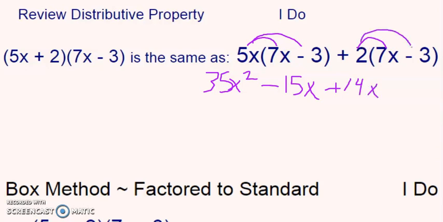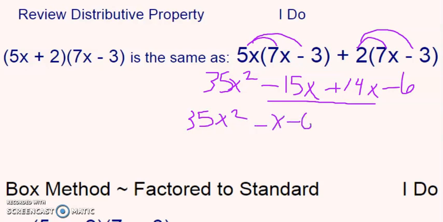And 2 times negative 3 is minus 6. Combine the like terms. So we have 35x squared minus 1x minus 6. And that is our standard form.